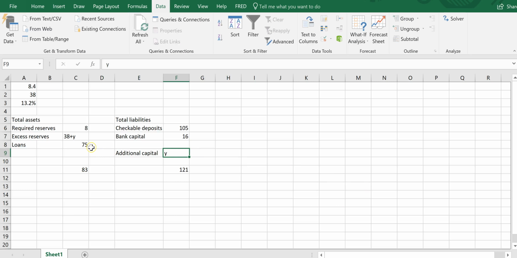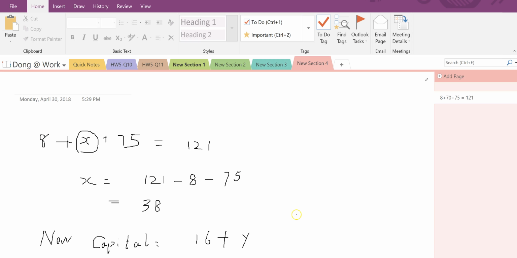And what about the new assets? The new assets will be the initial total assets, or total liabilities, plus this y.